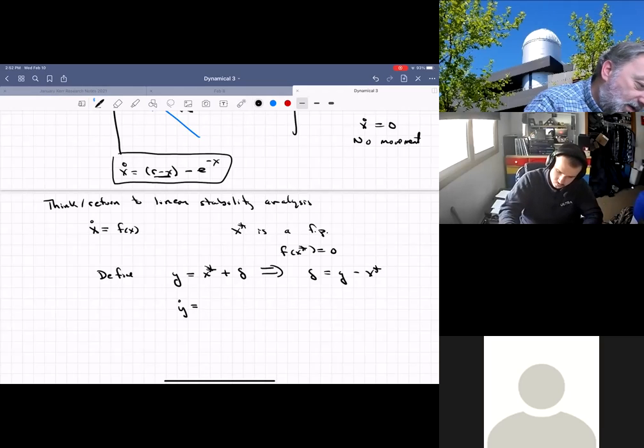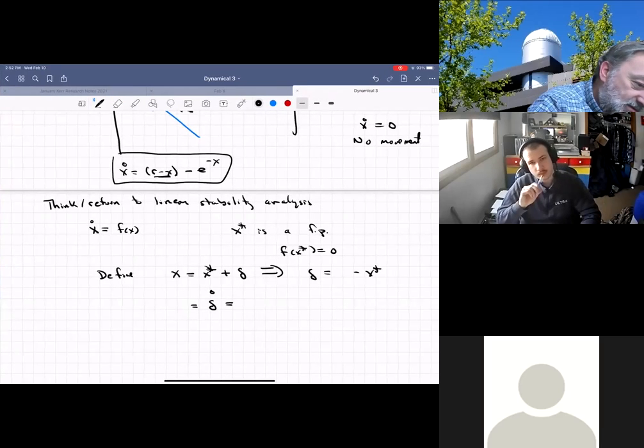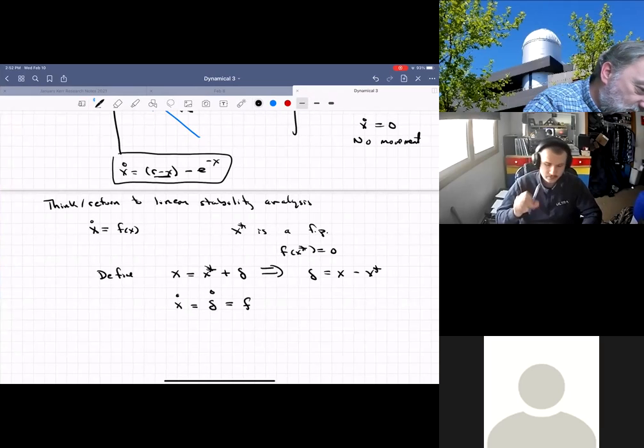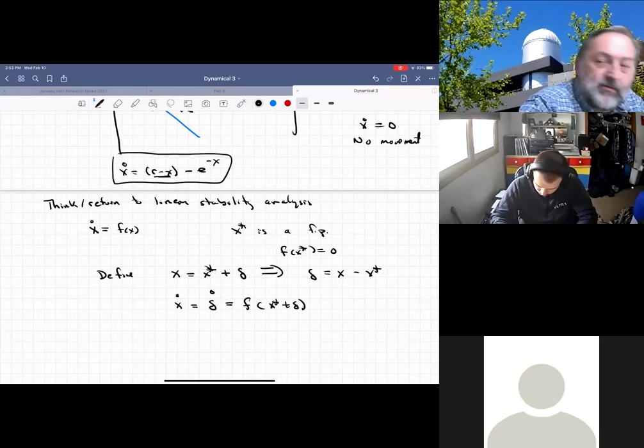Then y dot is equal to delta dot. Well, you know what? I'm sorry. Let me just use the letter X. I'm making things really complicated by introducing the letter Y. Let me let X be my variable. So X dot is equal to delta dot is equal to F of X star plus delta.